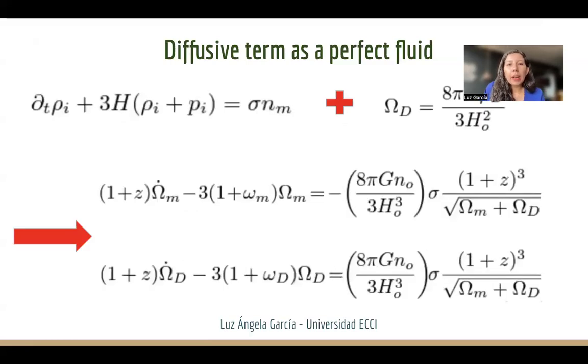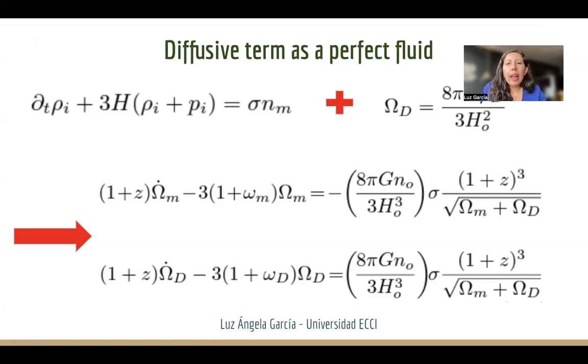In this case, we're going to have, again, the continuity equation that is going to be different than zero because now we have interacting fluids. And that's why the right-hand side of the first equation has a term sigma multiplied by the number density of matter, or if you want to think about it, the galaxies that we have in the universe, plus an energy fraction that is given by the term in the right-hand side.